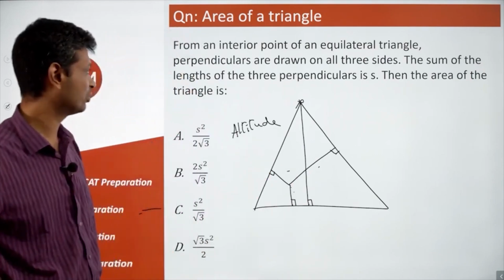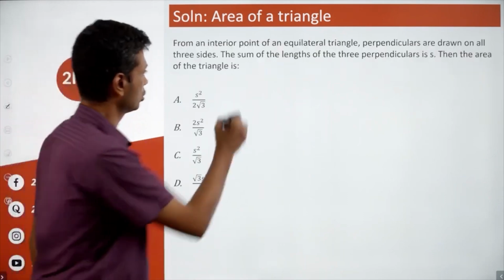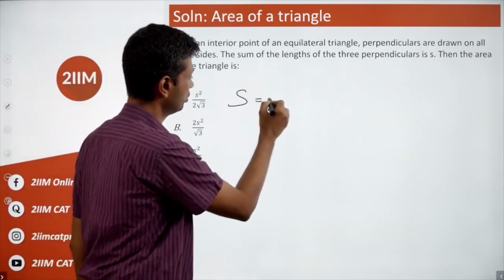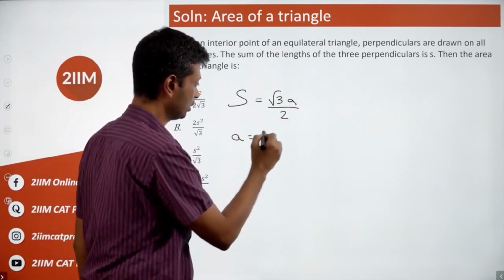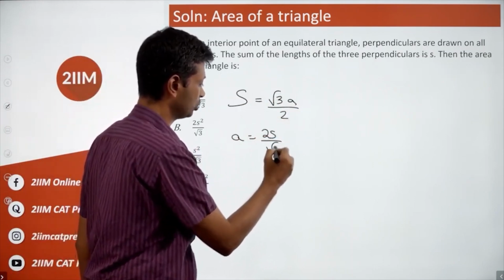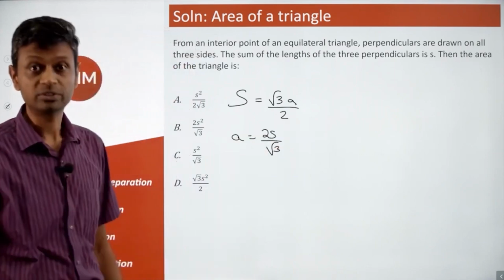This question effectively is saying S is root 3 by 2 a. Done. So the sum of all this is root 3 a by 2, or a is 2s by root 3. Area of the equilateral triangle is root 3 by 4 a square, that you should know.